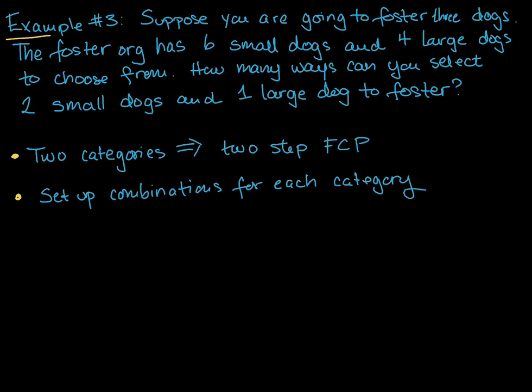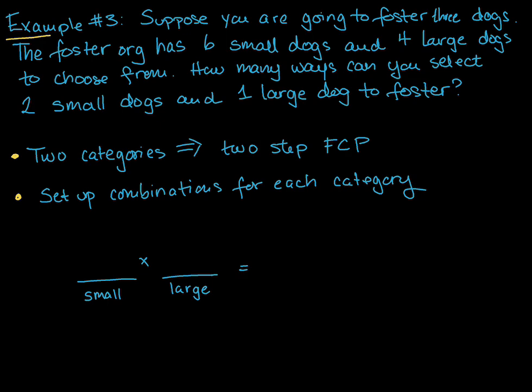All right, so for our 2 categories, we have small and we have large, and we're going to figure out how many options we have for each and multiply that together. Now for the small dogs, let's just highlight some information about the small dogs.